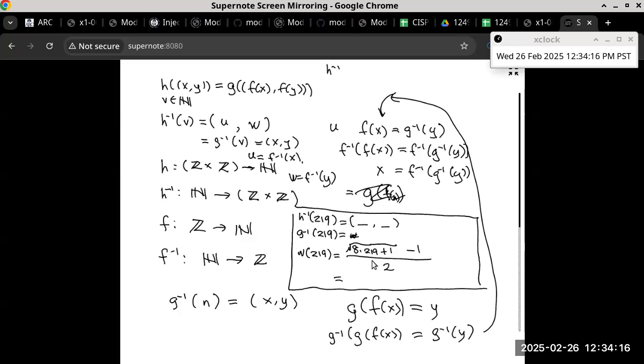So that's 20.43, but because we are only using the floor of this, I forgot that there's a floor here. So it was 20. So W of 219 is 20.